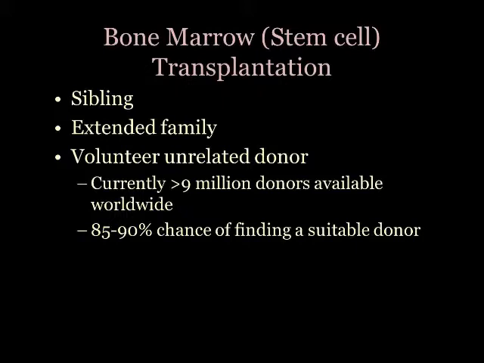So I showed before the range of ages that are affected by myelodysplasia, and you saw that most patients with myelodysplasia are over 70, and really once you're over 70, we generally wouldn't consider using a bone marrow transplantation just because of the risks associated with it.